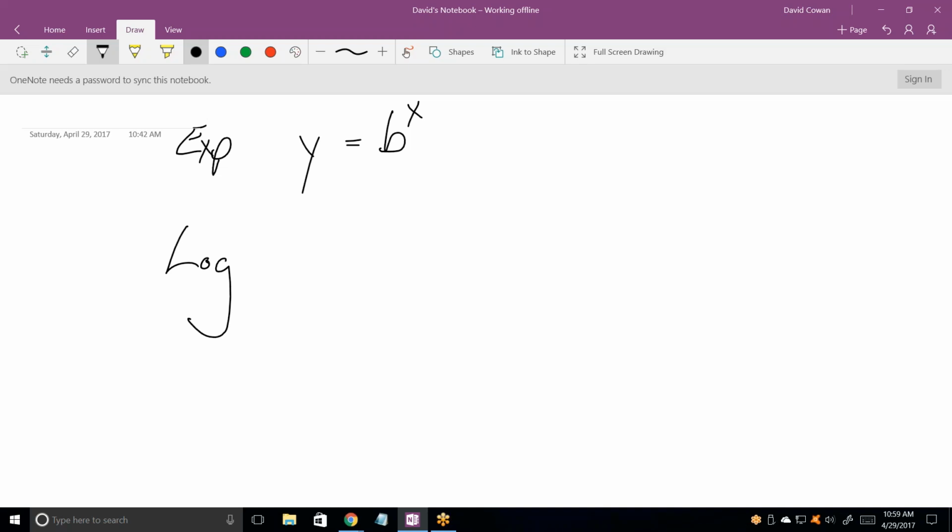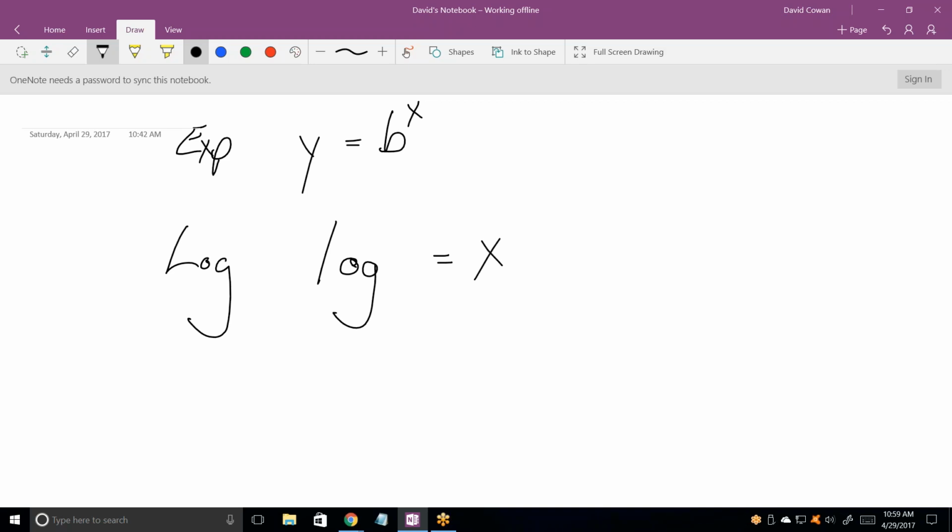What is it? I believe it's log x. Nope. Here's the thing you have to remember. There's only one thing you have to know. Logs are exponents. So if logs are exponents, then on the other side of the equal sign has to be the exponent.